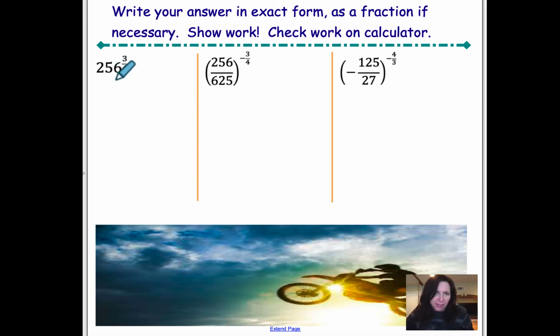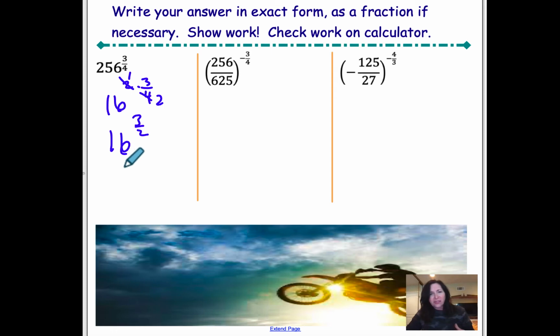So 256 is actually 16 squared. So 16 to the 2nd power to the 3 over 4 power. I didn't lose my base, I didn't lose the 4, so I might have to redo that. The 2 divides out, so what I have is 16 to the 3 halves power.